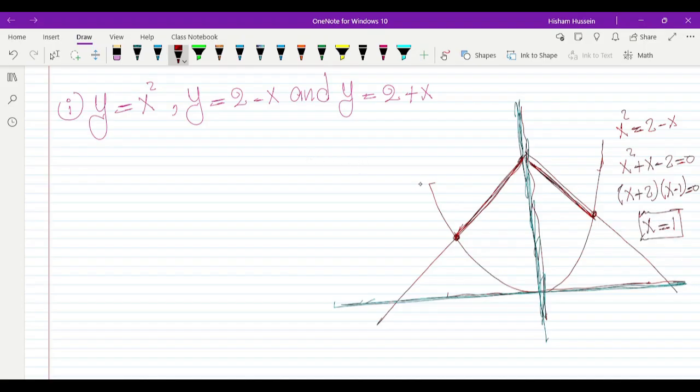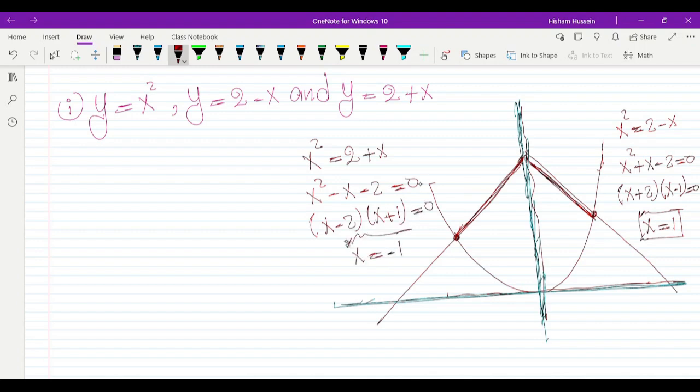The same here: x squared equals 2 plus x, or x squared minus x minus 2 equals 0, so x minus 2 times x plus 1 equals 0. So it's proper to say x equals negative 1, as we are on the negative side. So x goes from negative 1 to 1.